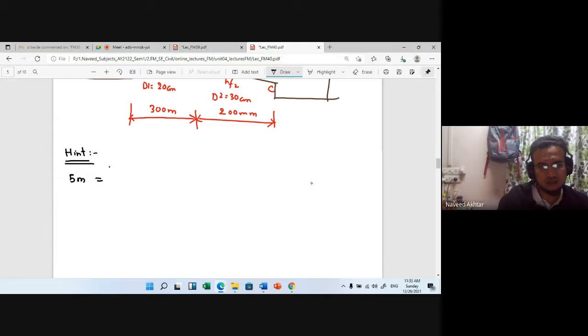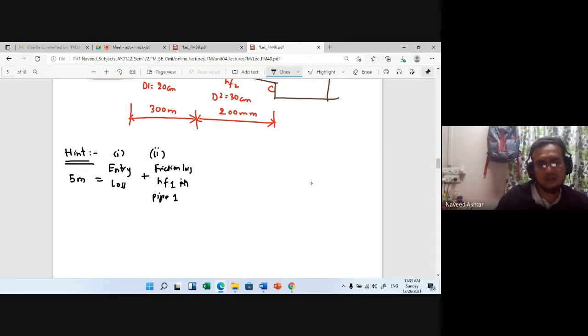First I will start. The first loss is the entry loss, plus the second loss is the head loss due to friction, HF in pipe 1.